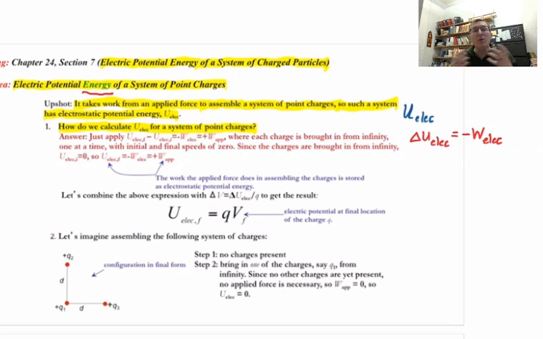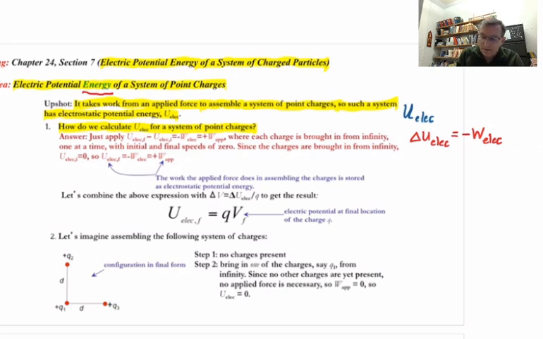We're going to start with all the charges involved way out at infinity, infinitely far away. We have kind of a blank slate, and there's no charges at all, and so there's no stored energy. Start out with nothing. And you bring the charges in from infinity one at a time, and put each one where you want it, one by one, starting from infinity, where the stored energy is zero.